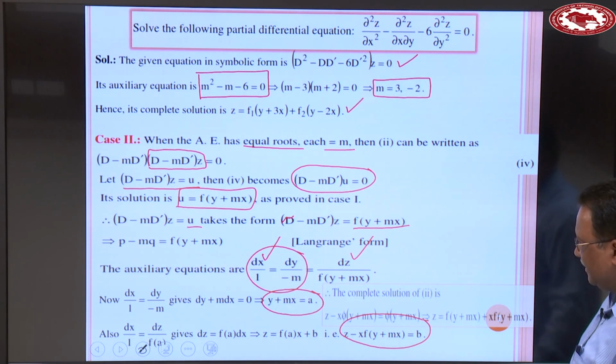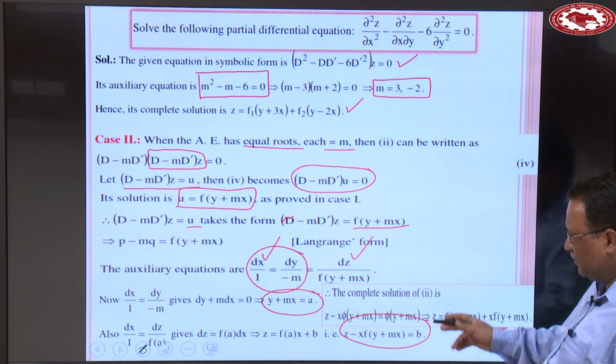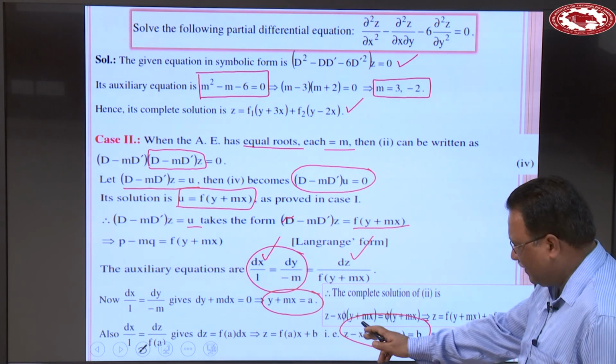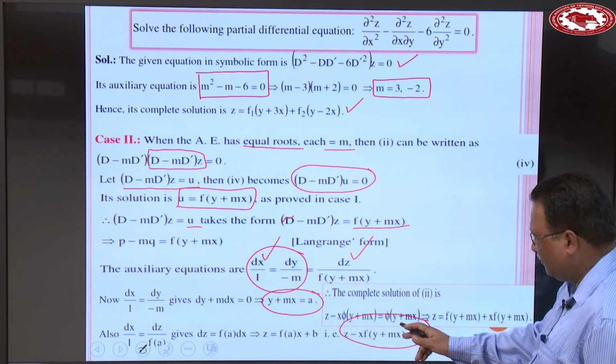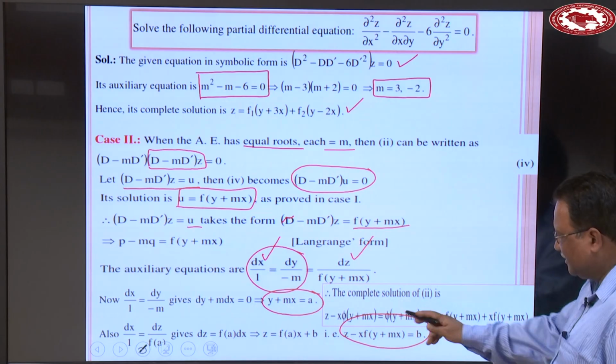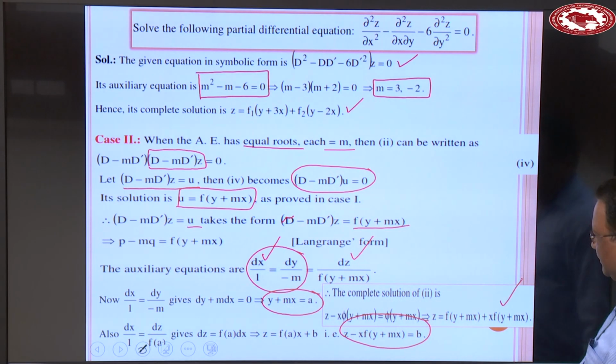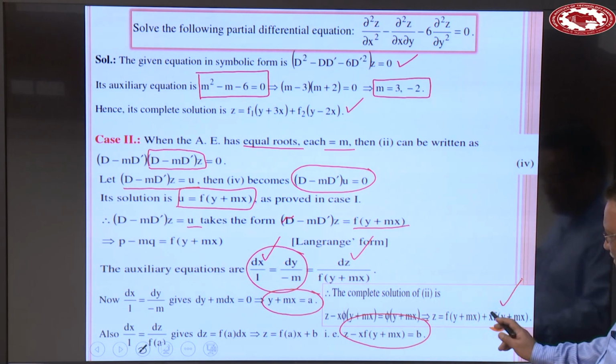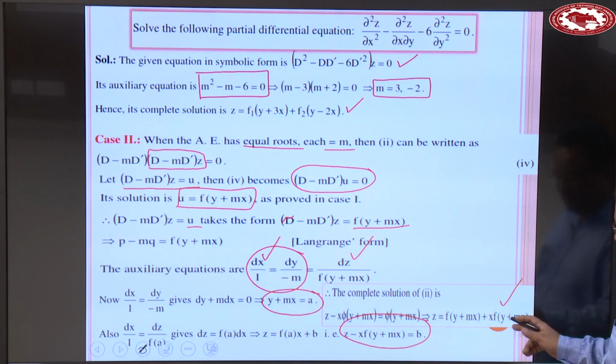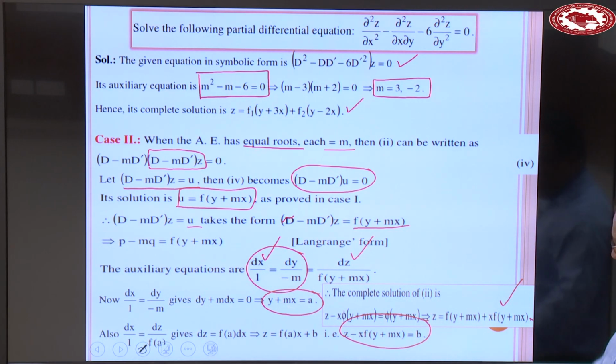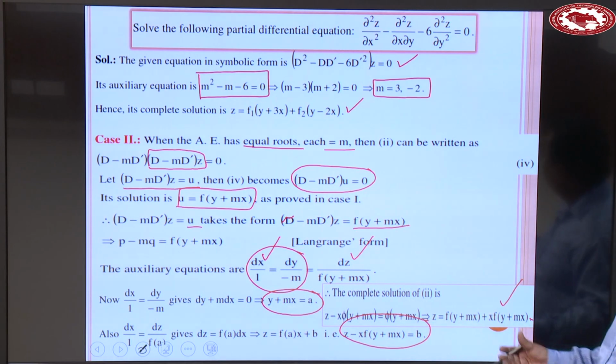The complete solution of this is z - x φ(y + mx) = f(y + mx). This means z = f(y + mx) + x f(y + mx). So in that case you can write it this way.